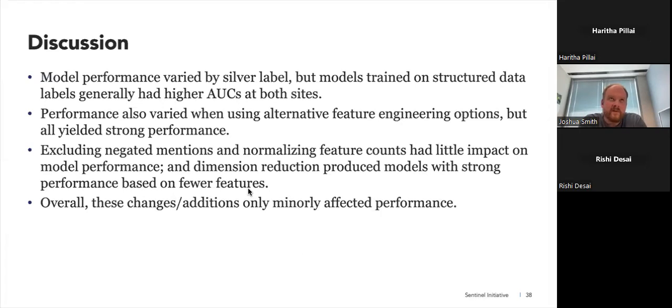So that means those models were simpler because they had fewer features in them and were therefore probably easier to implement at other sites. Overall, the changes and additions only minorly affected performance, and that baseline model, without any additional feature engineering options, using a silver label based on existing structured data, performed almost or just as well as the other slightly more complicated models.